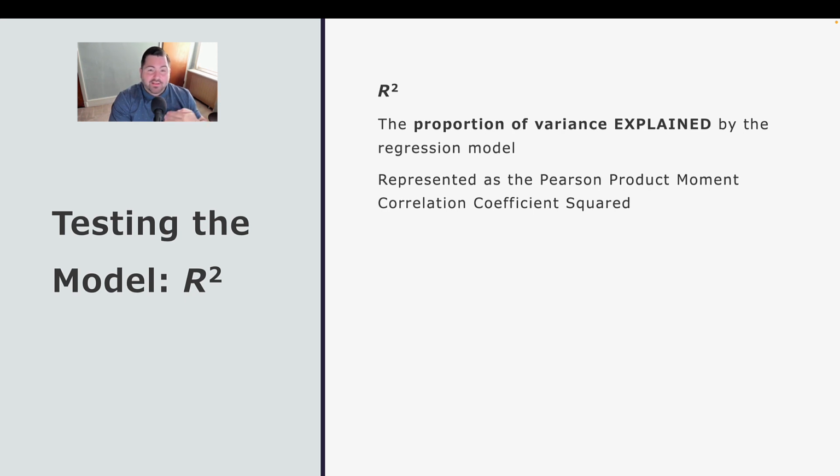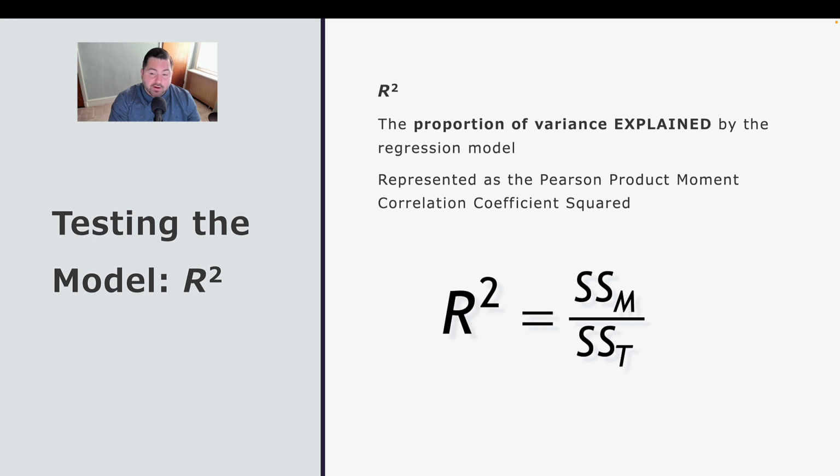It tells us how much of what I see in Y is explained by X. But remember, this is a correlational type of design, and so it does not infer causality. That also means while a certain percentage of Y is explained by X, a certain percentage of X is also explained by Y in this kind of a model.